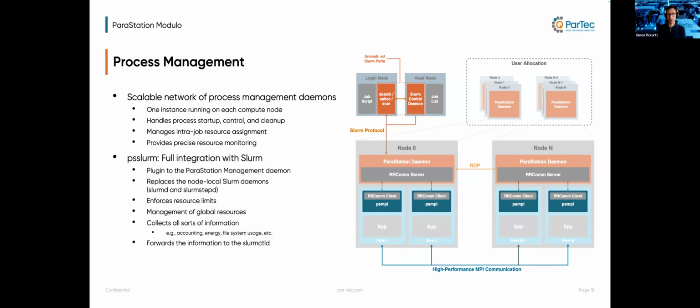We have a very efficient and mature network of daemons, meaning that the protocol used to interact among those daemons is a self-development which provides us with very good scalability, and as we will also see in some later slides, we even use it to accelerate the startup of MPI applications to further improve the efficiency there.